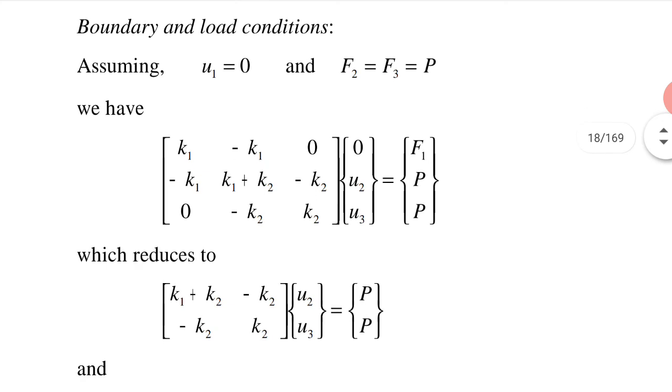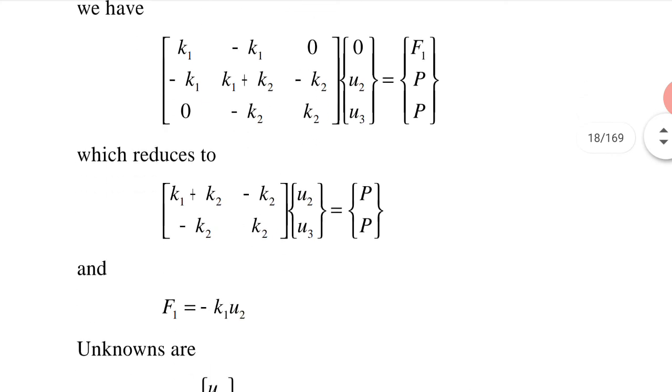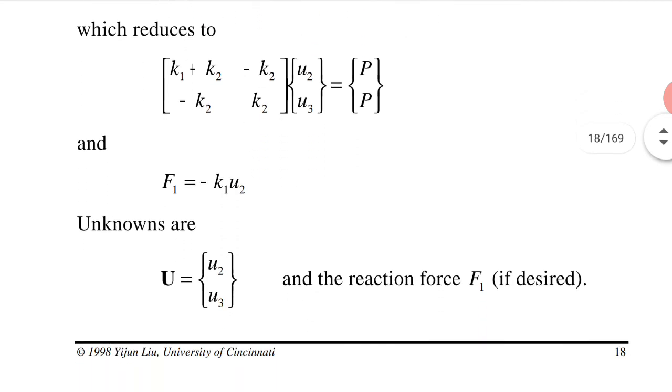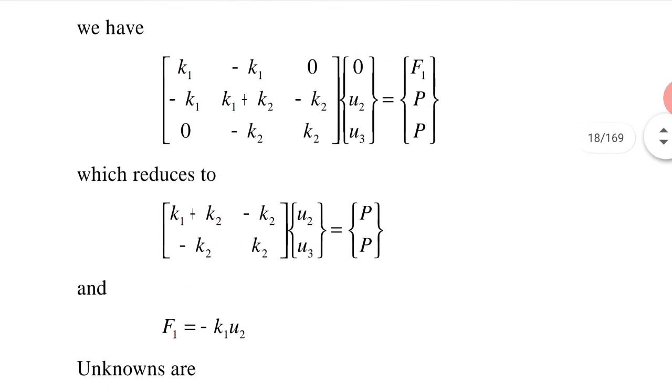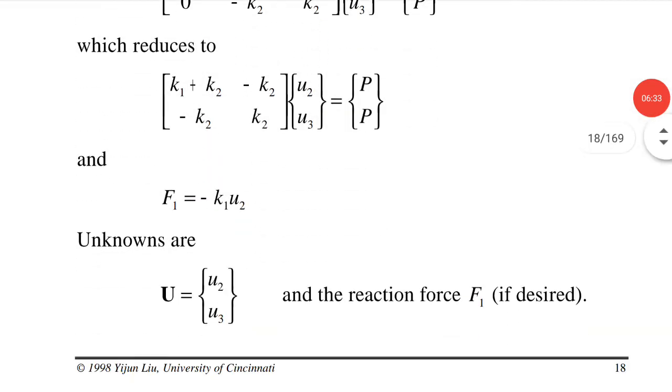From solving these simultaneous equations we apply the boundary conditions, and we will get the values of u2 and u3, because u1 will be 0, because there is a fixed point over there, and wherever there is a fixed point, there will not be any deflection.